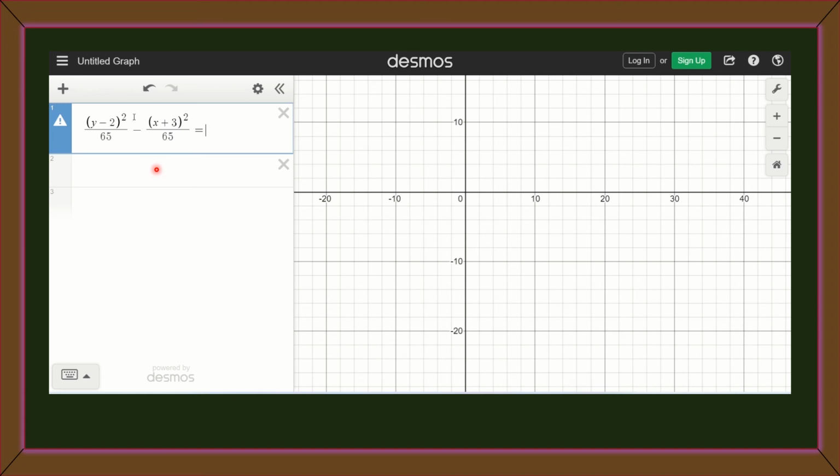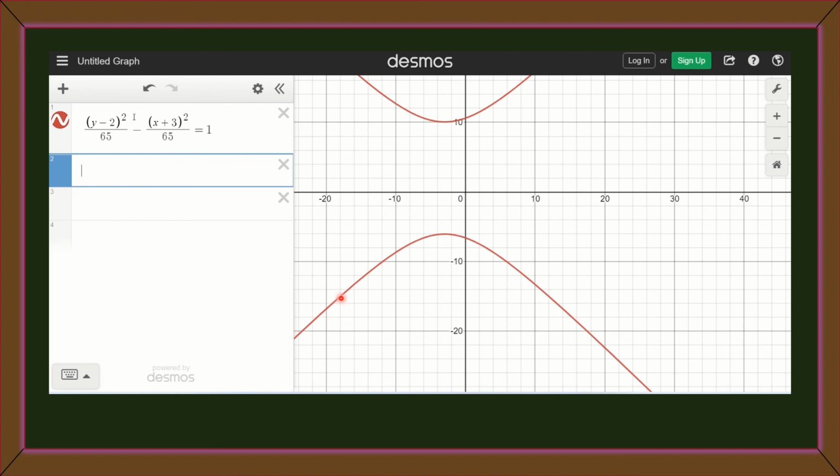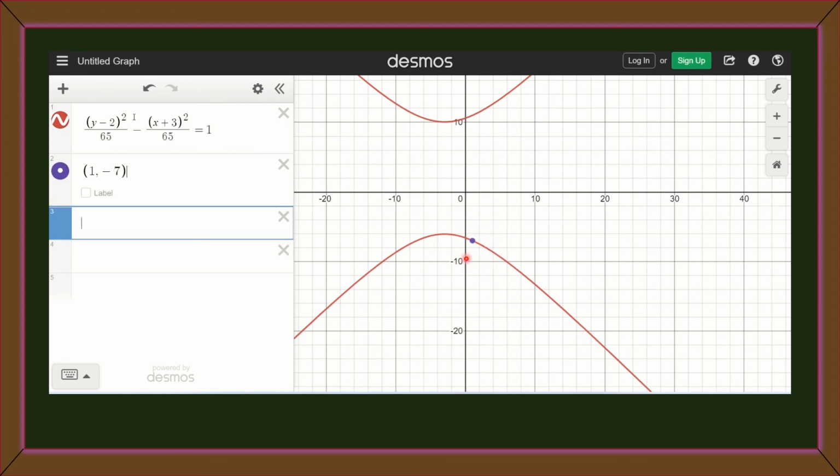Then we have a hyperbola with transverse axis parallel to the y-axis. And let us see if it passes through (1, -7). Then we have the point (1, -7) on the hyperbola. Also, let us check whether the center is at (-3, 2).